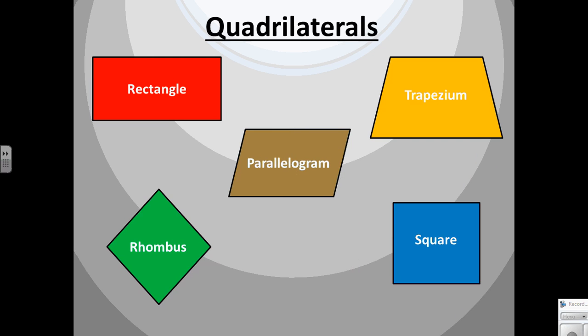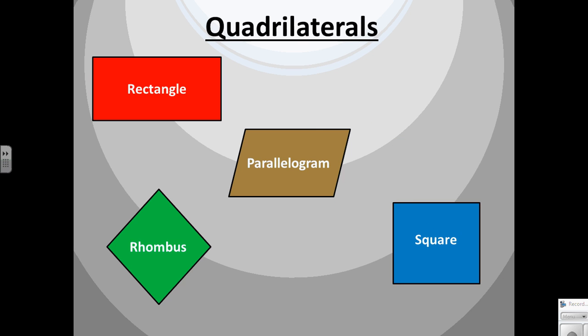So these are the quadrilaterals that we are going to learn this year, inshallah. And we're going to see what the relations are between these shapes: rectangle, parallelogram, rhombus, and the square.